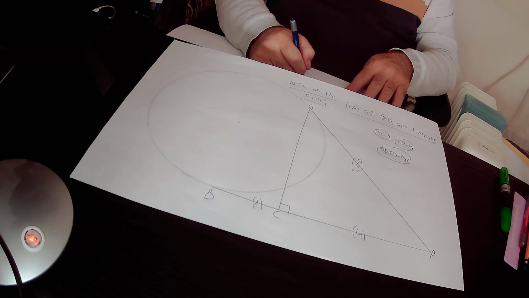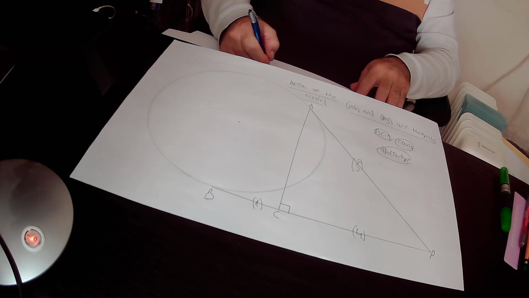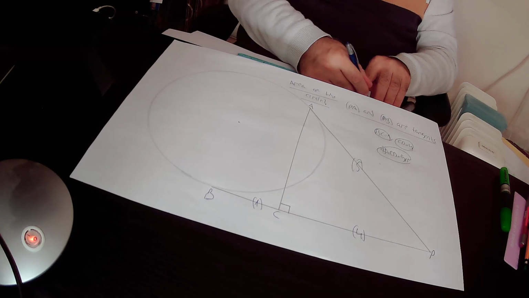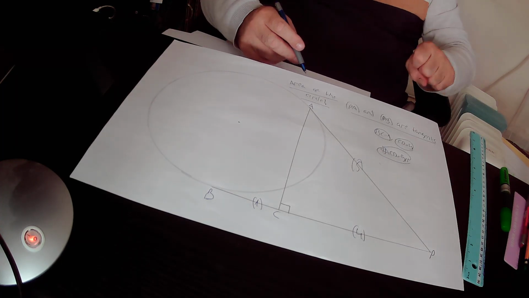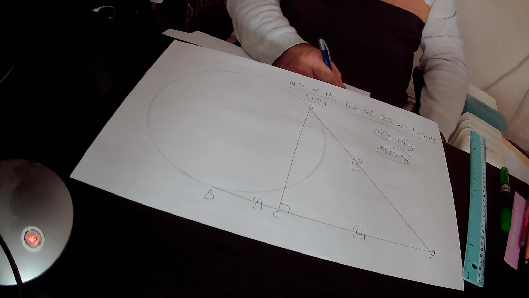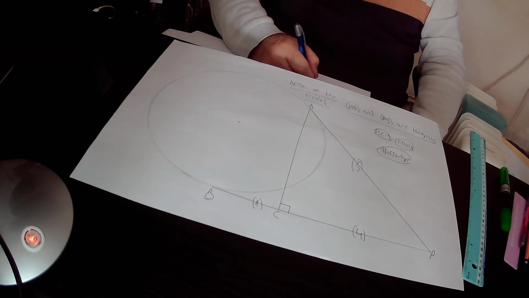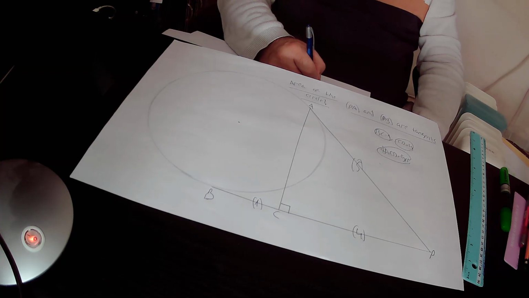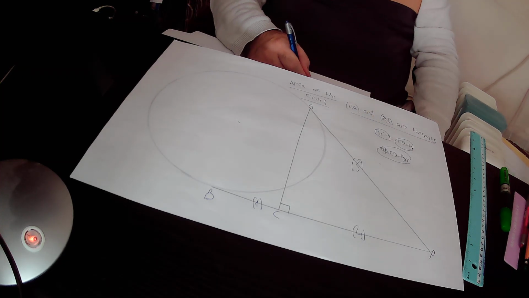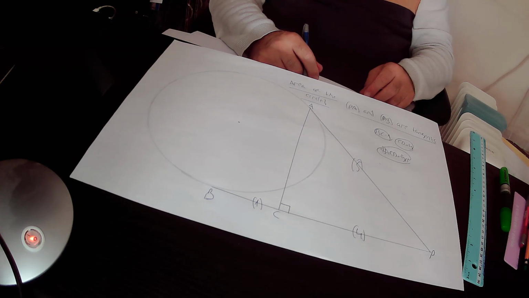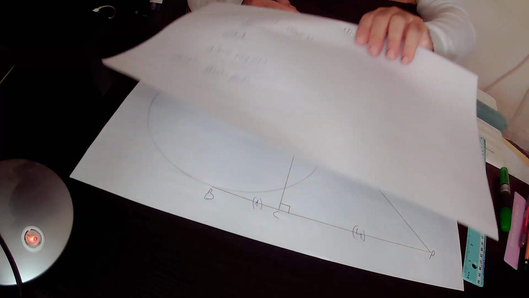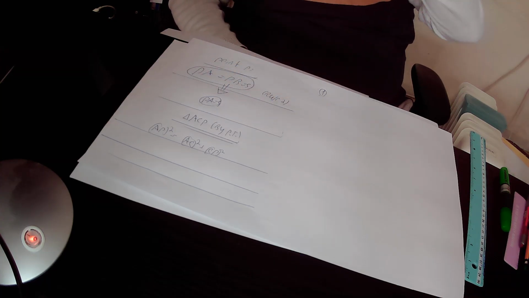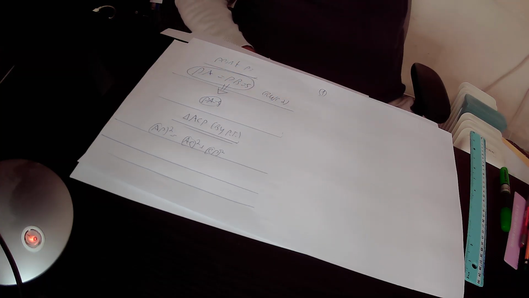So according to the Pythagoras theorem, in this right triangle ACP, AP squared, that is the square of the hypotenuse, equals AC squared plus CP squared. And again, this I find in ACP according to the Pythagoras theorem. AP squared, that is the square of the hypotenuse, equals AC squared plus CP squared.